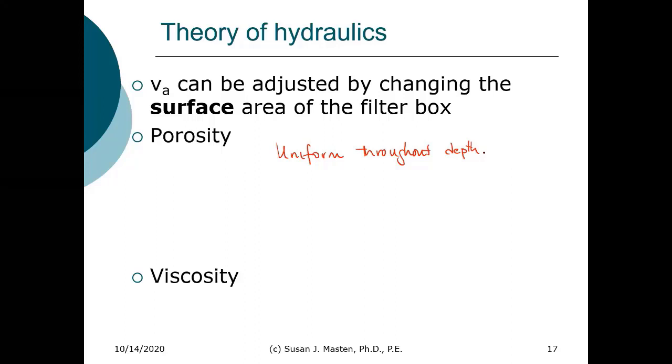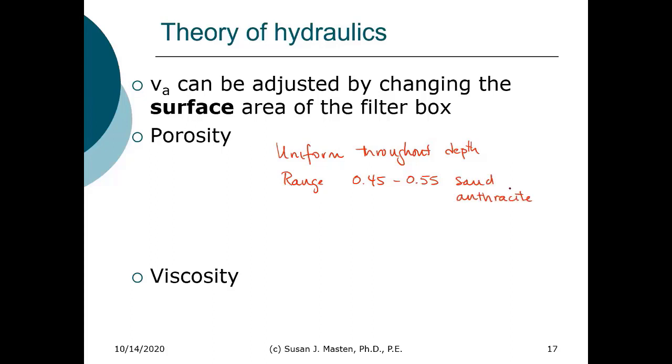On the other hand, the grain size distribution will vary. And the range in porosity is relatively small, from about 0.45 to 0.55 is what we want for sand and also anthracite.